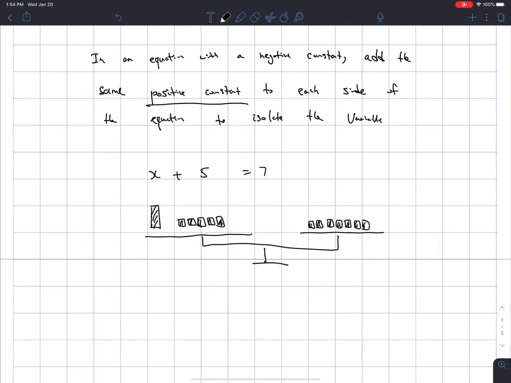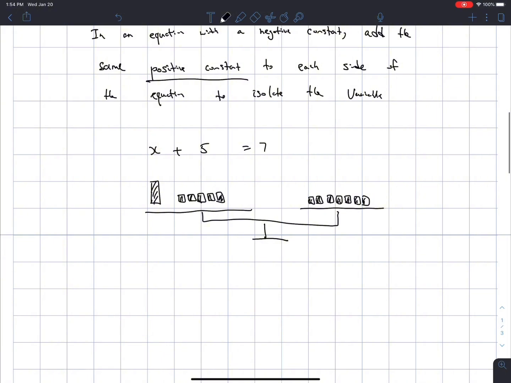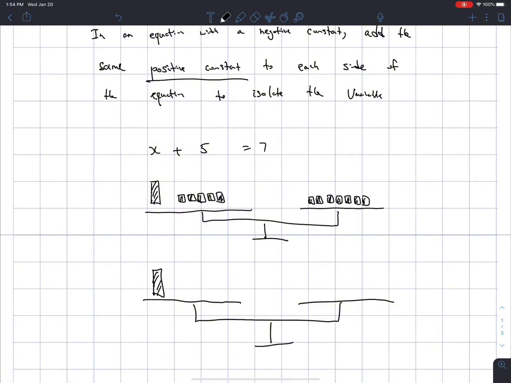On this little scale, this is currently balanced. Now, if I want to solve for x, if I just want to know how heavy x is on this scale, what I can do is just take away 5 on both sides, right?